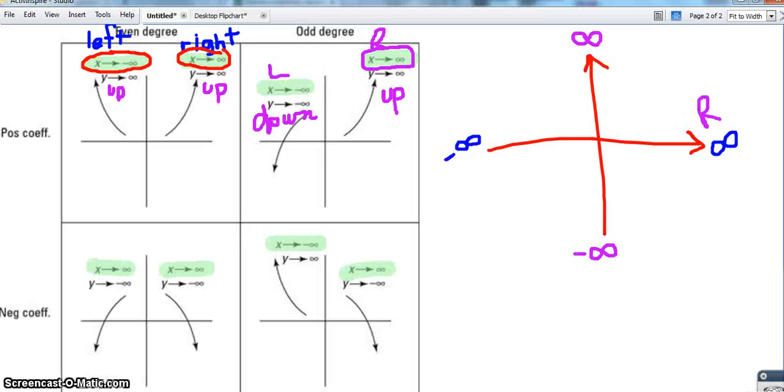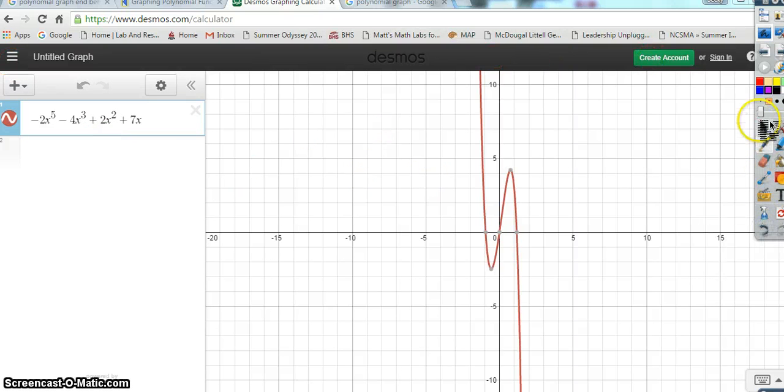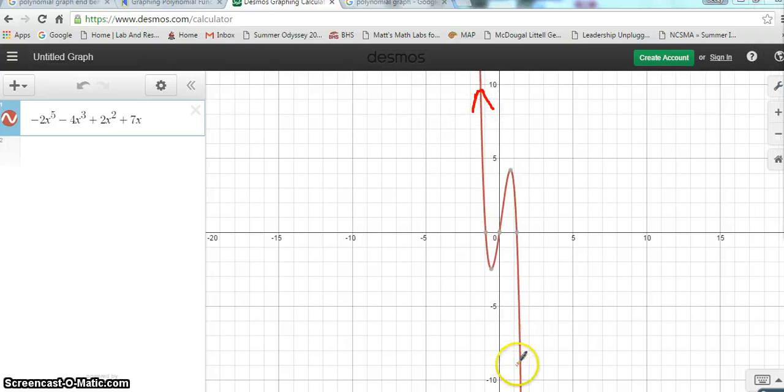And in imagining my arrows, let me clear this page. I'm going to imagine an arrow right here. I'm going to imagine an arrow right here. Okay, so on the left-hand side, this is pointing up. On the right side, it's pointing down.